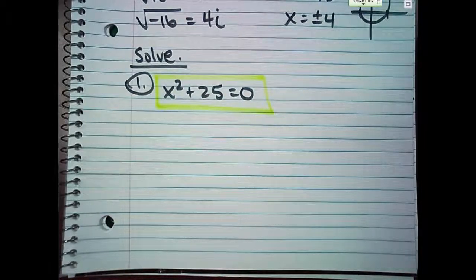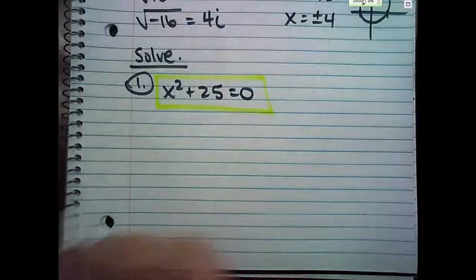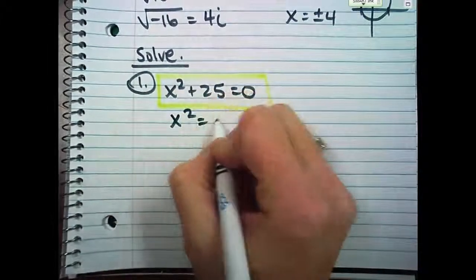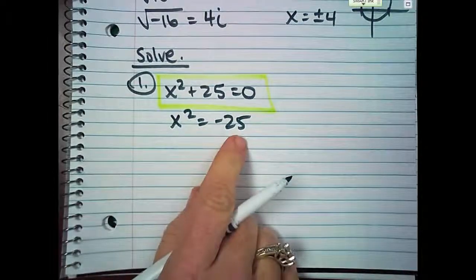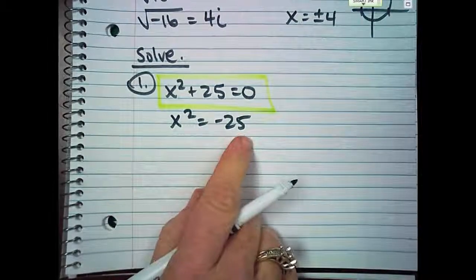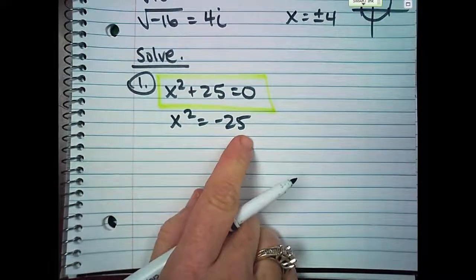It's power of 2. How many potential answers is it going to have? 2. Okay? A positive answer and a negative answer, because there's no x's, there's no factoring, right? Only an x squared term. So move your 25 over. And I want x squared to be a -25, which is not possible. Right? 5 squared is 25, and -5 squared is 25. Do you see what I mean?